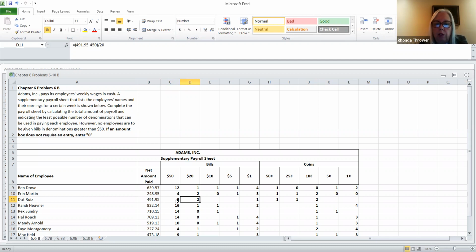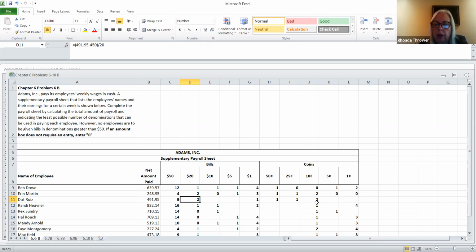So it's $450 for the 9 $50 bills, and then we're going to add $40 more to that to bring it up to $490. And then we just have to account for $1.95. So I'm going to pick up $1. And then I would have to account for 95 cents, which would be 50 cents, and 25 cents, which is 75 cents, and then 2 dimes.